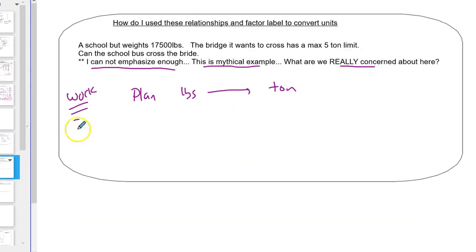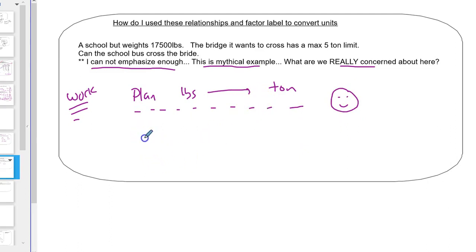So I can go from here to here directly using that equivalency. I might need to use several equivalencies, and that's very common in chemistry. But once I have the plan down, the rest of it is easy peasy. I could literally hire someone else to do this for me once I got the plan.